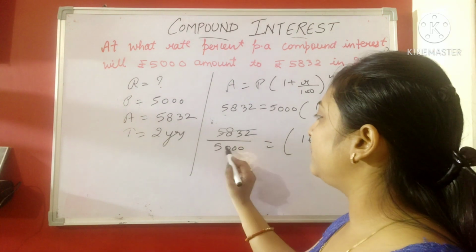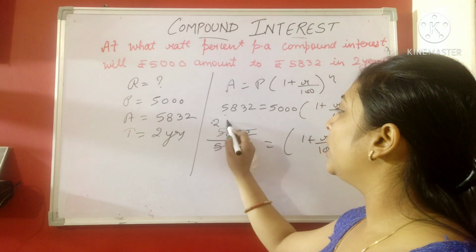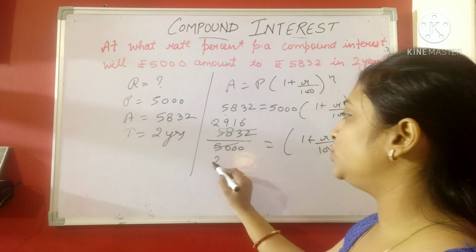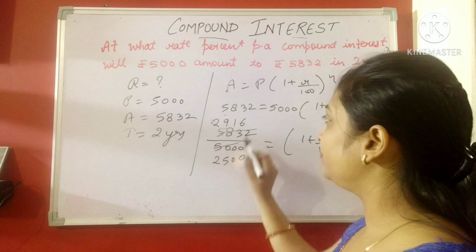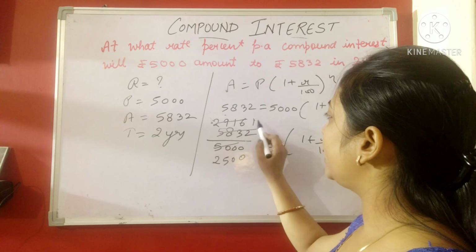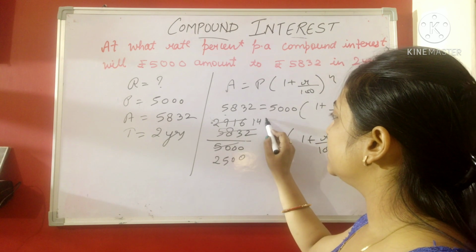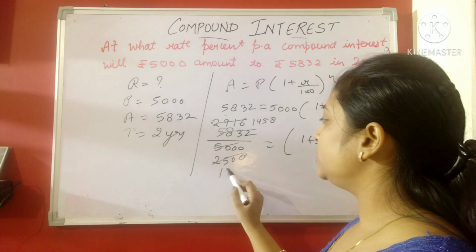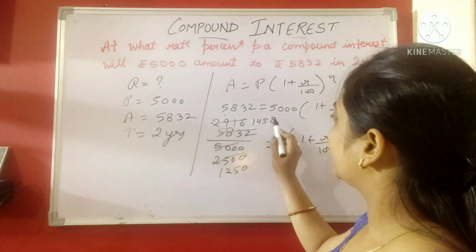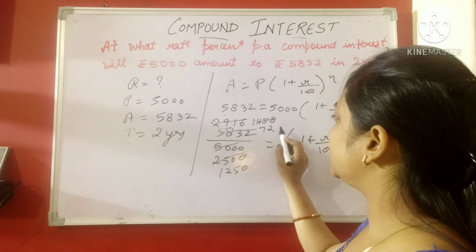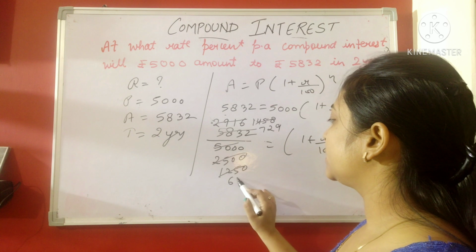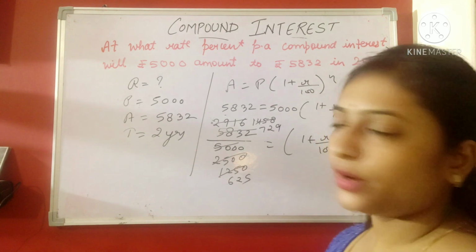Here we will simplify. It's 2, 9, 1, 6 and 2, 5, 0, 0. Then it will be 1, 4, 5, 8, 1, 2, 5, 0, 729 and 625. Right.